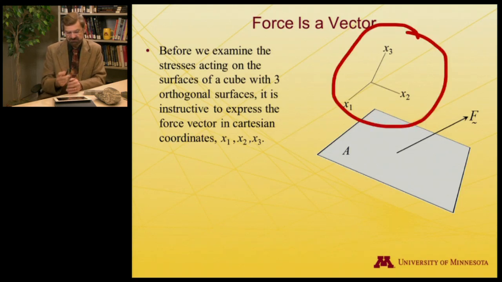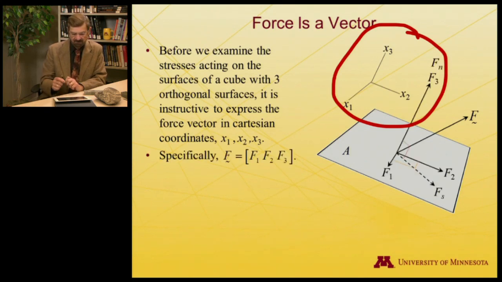And we want to reference our force vector relative to that set of coordinates. And specifically, we want to look at three force components, F sub 1, F sub 2, and F sub 3 that define our vector. And we have the one normal force component, F sub 3.